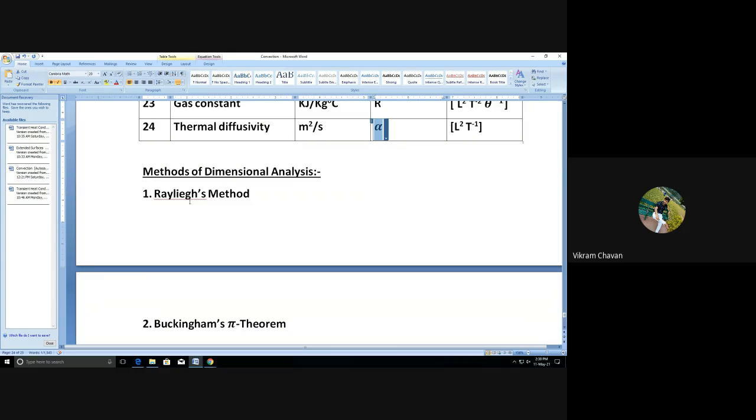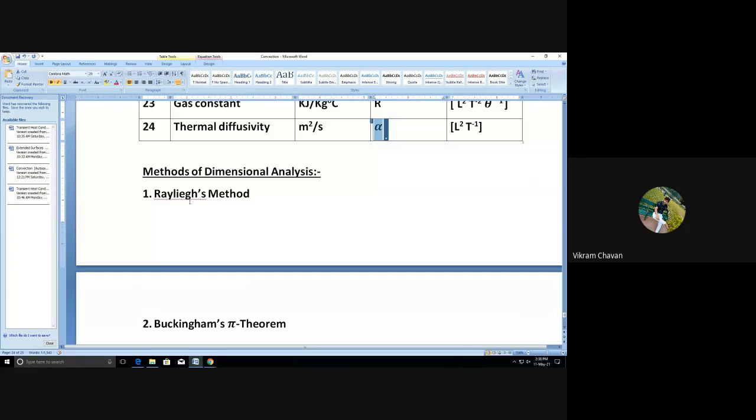So the initial requirement to apply dimensional analysis is finding out the number of variables included in that physical phenomenon.